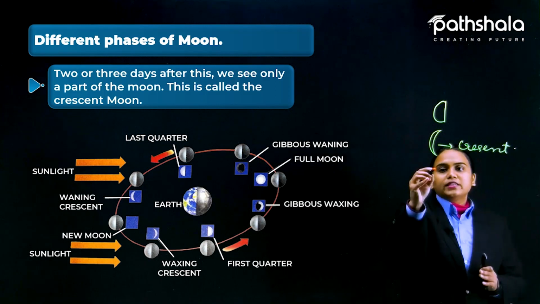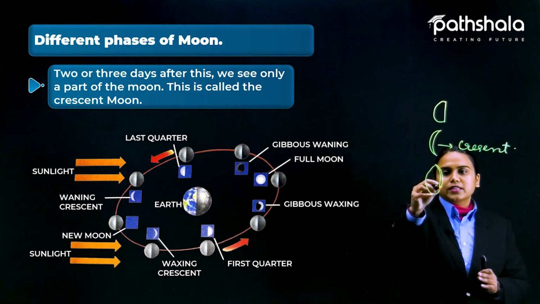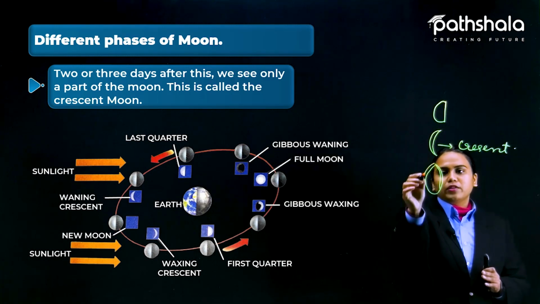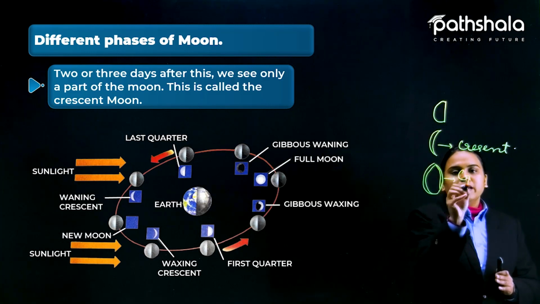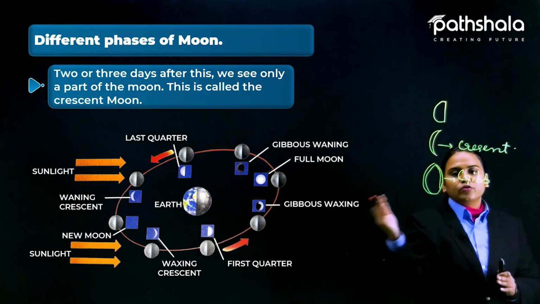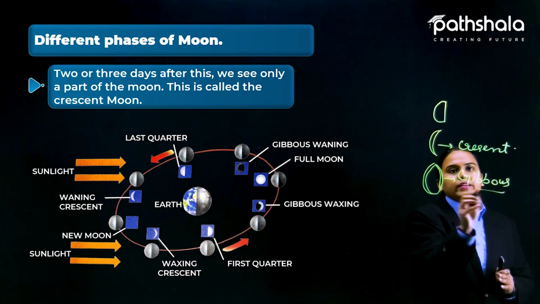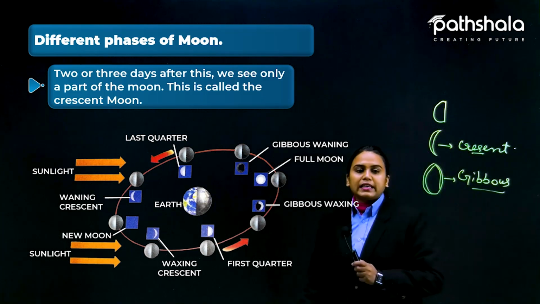And if it is more than the half part, like this, just slightly more than the half part of the moon, then we will call it gibbous. As you can see in the diagram, here it is written crescent and gibbous.